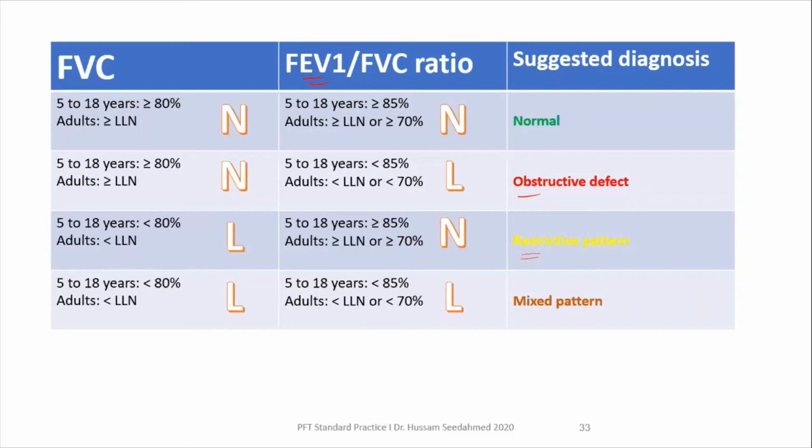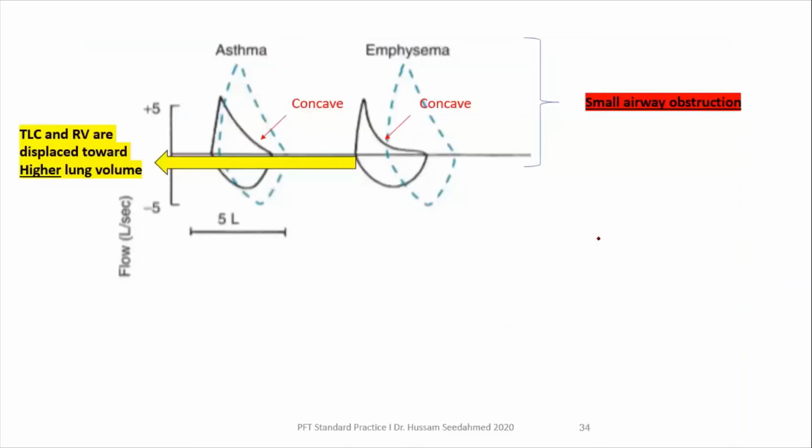So I hope now this usually will clarify a lot of misconceptions regarding the different patterns of the spirometry. So now you know the obstructive pattern or defect, the restrictive, and the mixed.